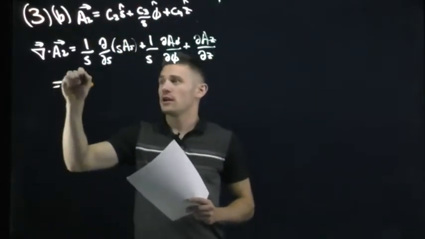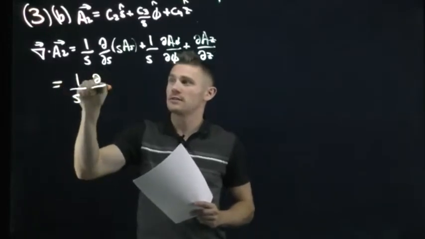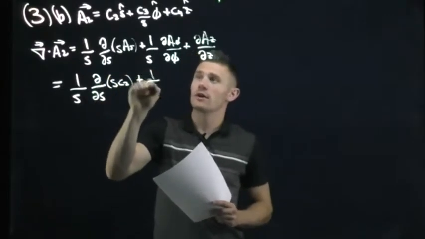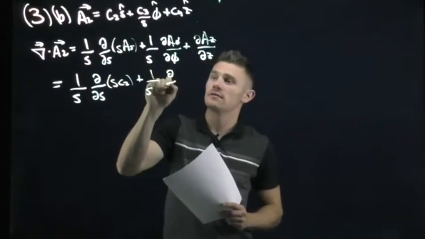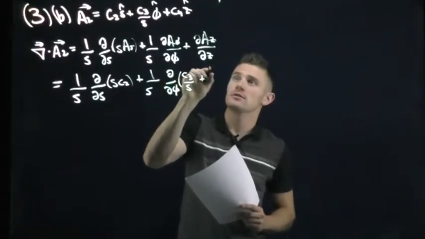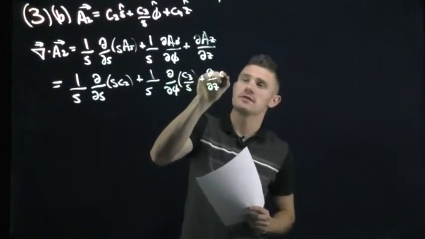By plugging those in, we have 1 over s d by ds of s times C2 plus 1 over s d by d phi of C3 over s plus d by dz of C4.